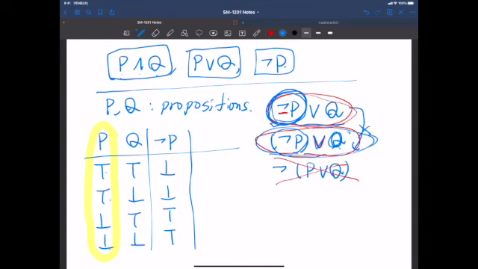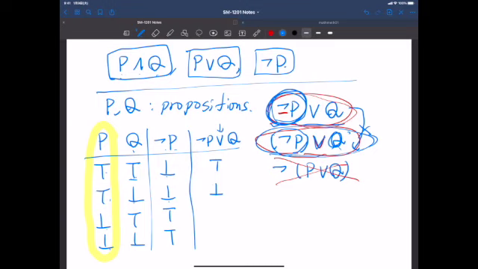Okay, then not P or Q. So look at this. We combine this Q and this not P. So if true, false, then not P or Q should be true, because one of them is true, right? That's the definition of OR. And false, false, then this should be false.